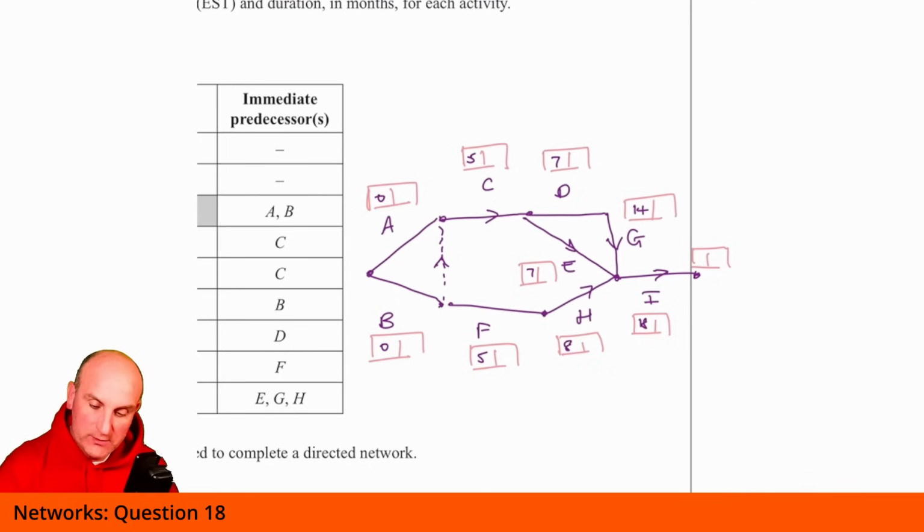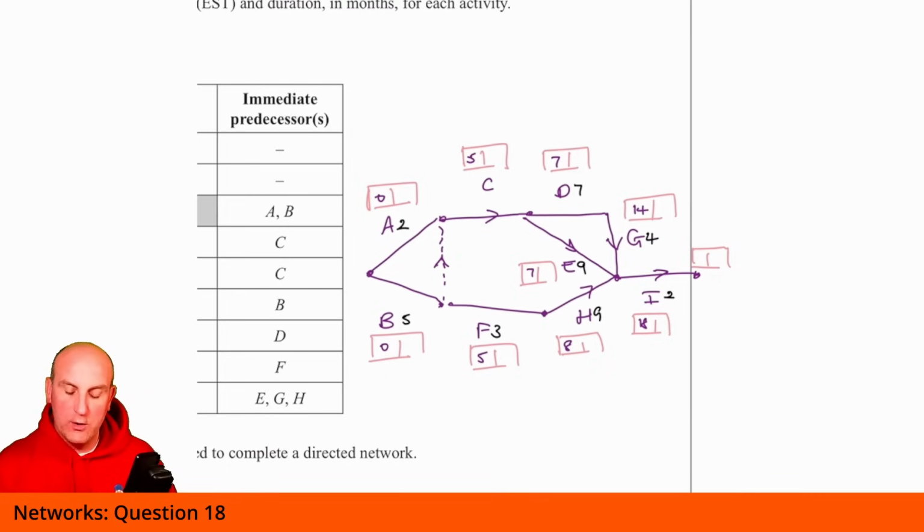Then we just need to put in our values of durations. So A is 2, B was 5, we don't know what C was, D is 7, E was 9, F was 3, G was 4, H was 9, I was 2.